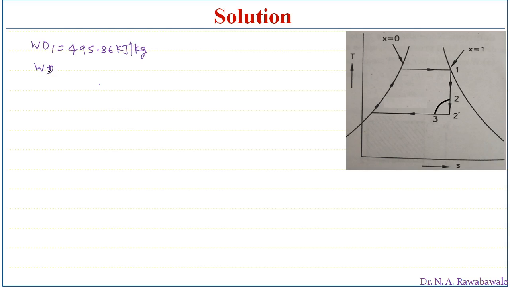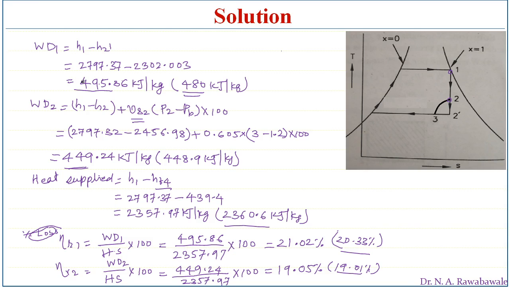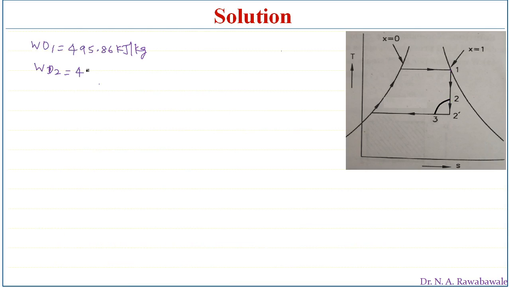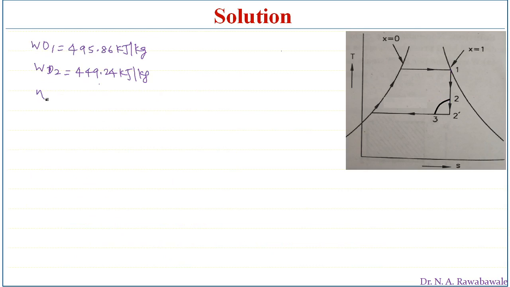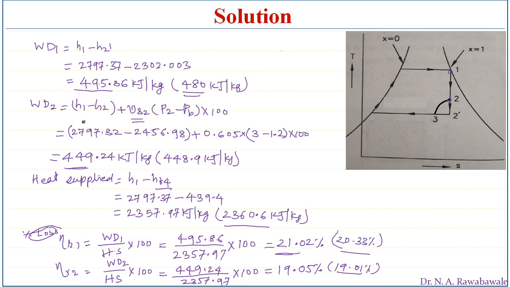Then work done 2 by the analytical method was 449.24 kilojoules per kg. Then Rankine efficiency 1 is 21.02 percent, and Rankine efficiency 2 is 19.05.